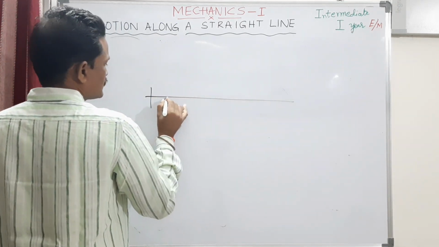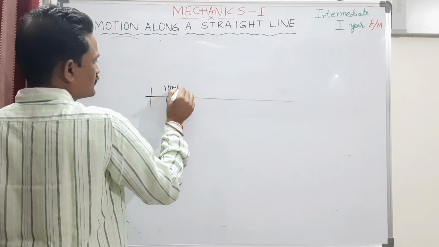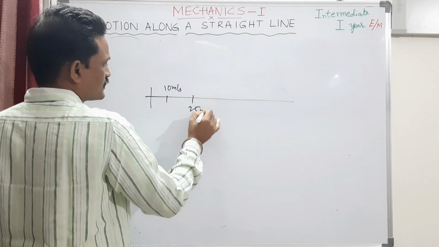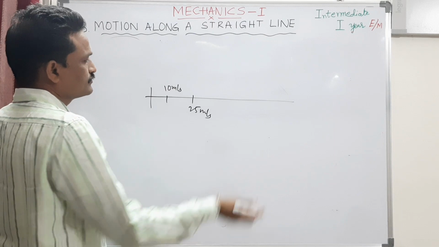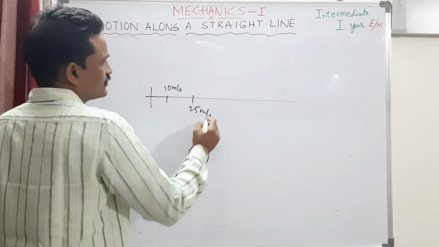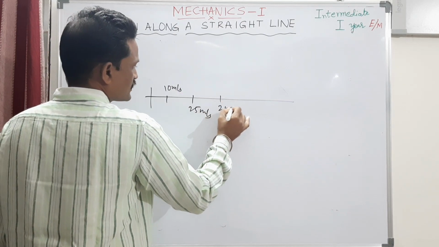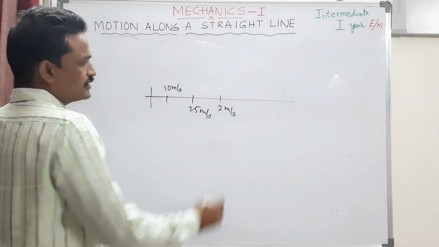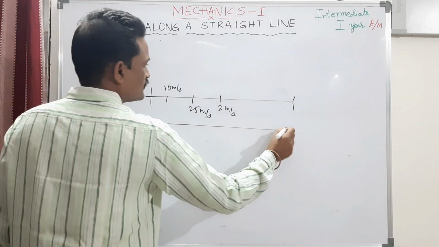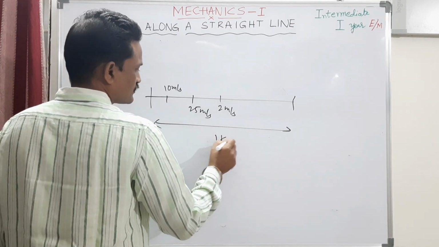In the first second, your speed is 10 meter per second. In the next second, it is 25 meter per second. Suddenly, some buffalo came across the road. You decreased your speed to 2 meter per second. In this way, you are changing your speeds. And you travel, let us say, for 1 kilometer.